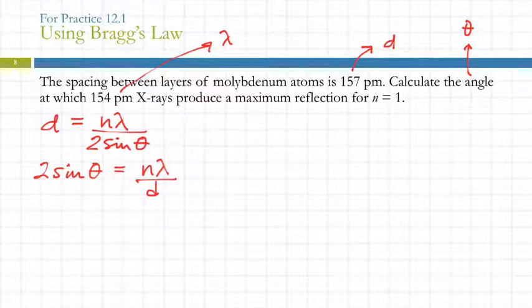It's the same as cross multiplying and then dividing. And then I need to get rid of this 2. So I'm going to take that 2 away and put it over here. So I get sine of theta equals this. So we can calculate that.